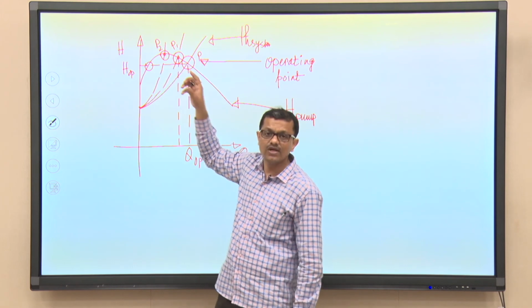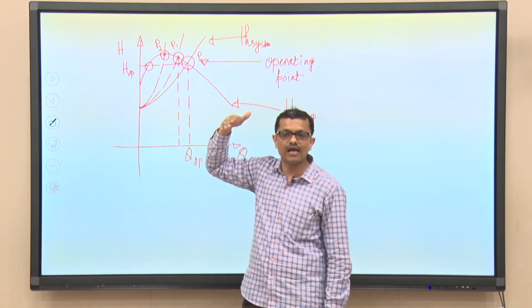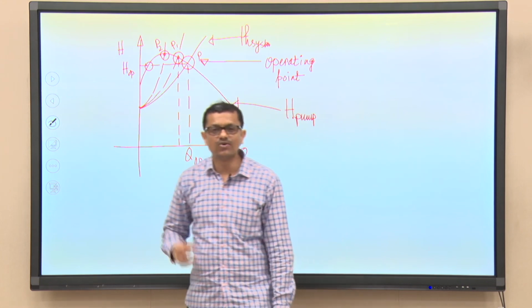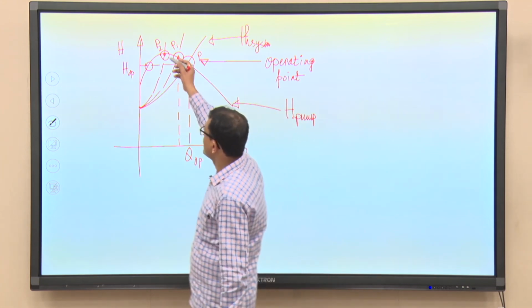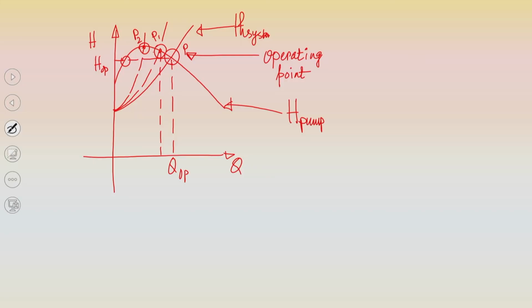Now, as I told you, the system will always have affinity towards very less system resistance, then what will happen? The point will quickly move to this particular point. Earlier we had this operating point. Now, the pump will quickly move from P2 to this P3 point.